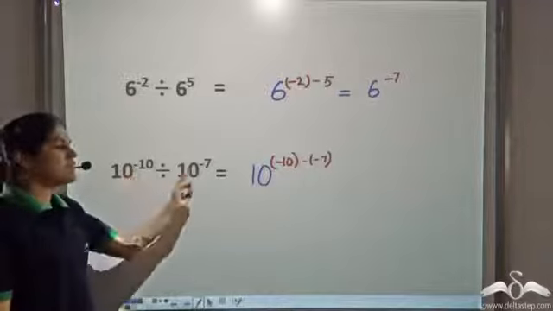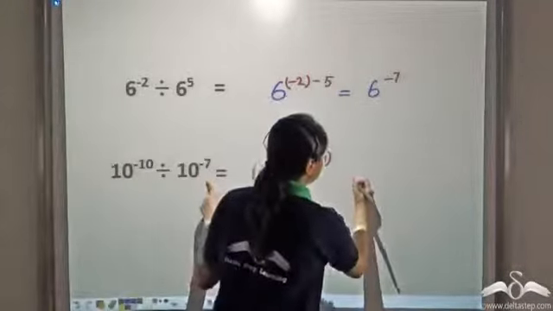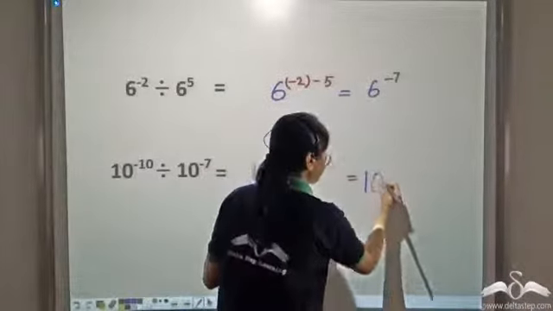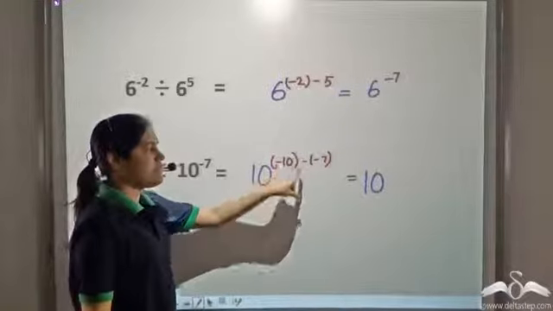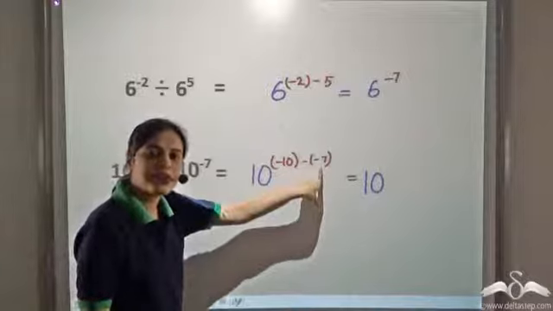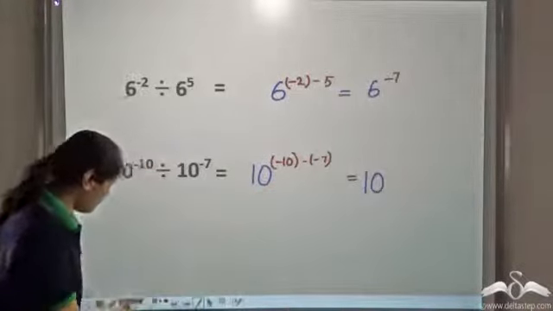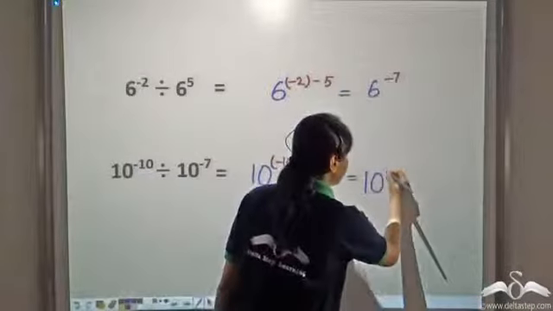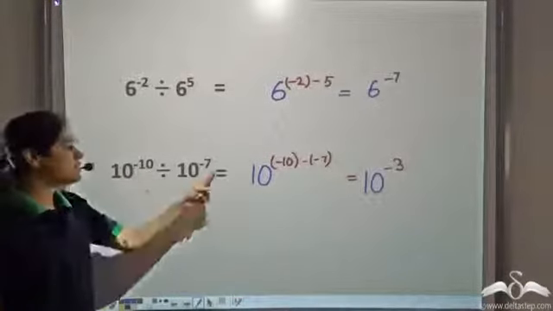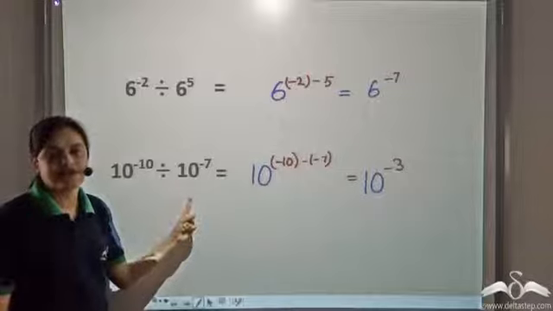It is negative 10 minus negative 7. And this is equal to 10 to the power of negative 10 plus 7, which is negative 3. So this is 10 raised to the power negative 3. Here we see that both the exponents are negative.